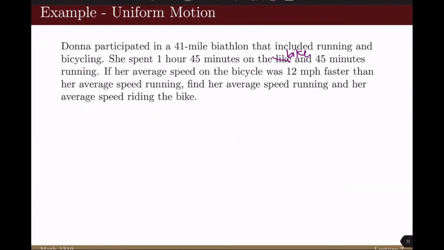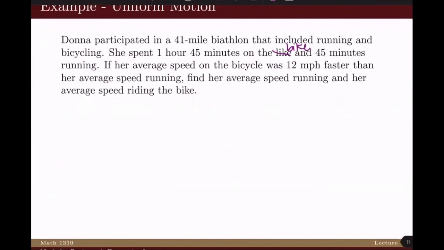All right. So what we're going to do first is make this fabulous table, and we'll have running, biking, and then we're going to have distance, rate, and time.